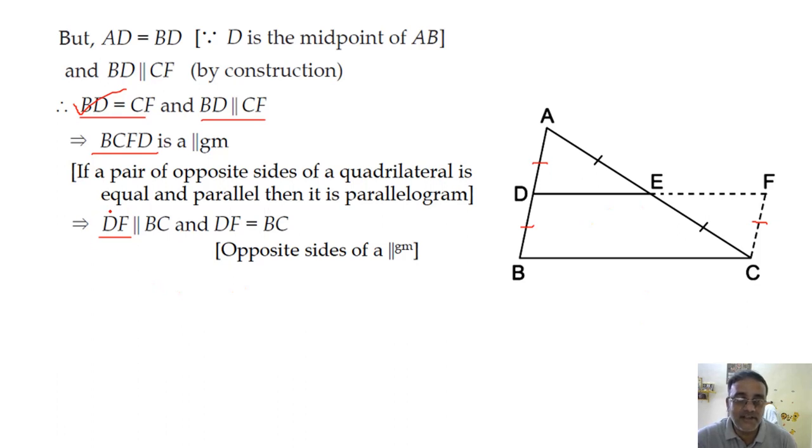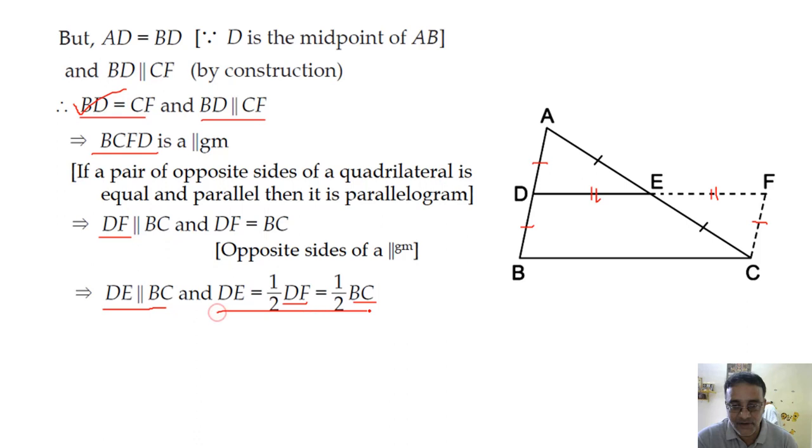So हम लोग इसको लिख सकते हैं, we can write DE is parallel to BC. Now coming to here, already we have shown that DE is equals to EF by CPCT. So we can write DE is half of DF. Is that clear to all of you? Yes, sir. और DF is equals to BC है. So DF को replace करके BC लिख दिए. So now you tell me whether this is clear to all of you or not.